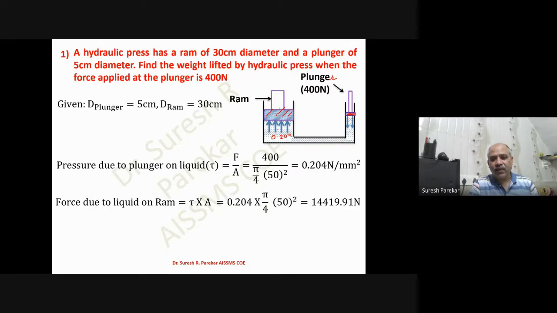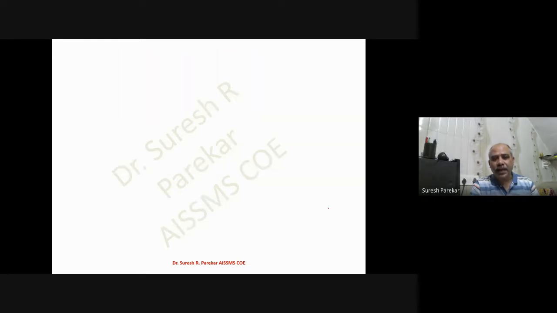So the force due to liquid on ram is tau into A, which is 0.204 into pi by 4 into 300 square. We get 14419.91 Newton, that is 14.42 kilonewton. That will be the weight lifted by the ram.